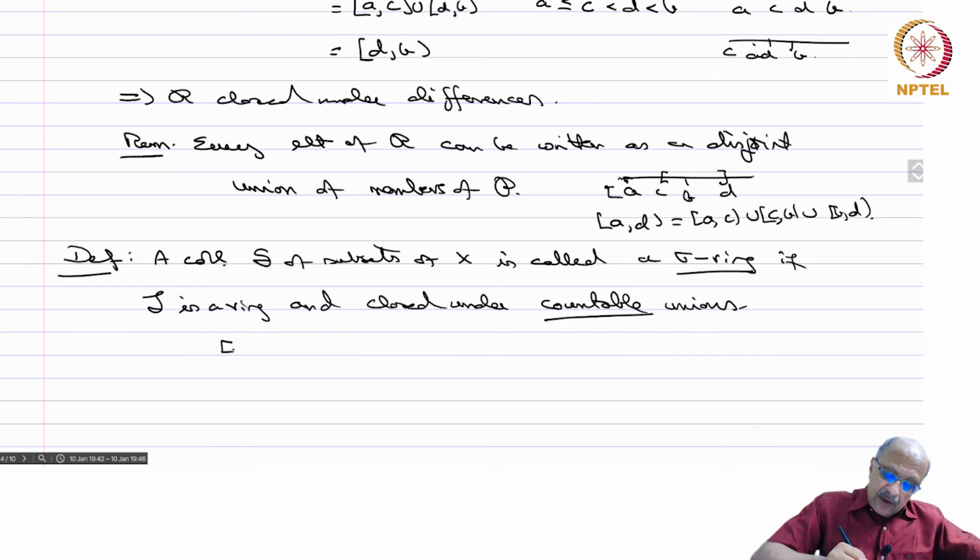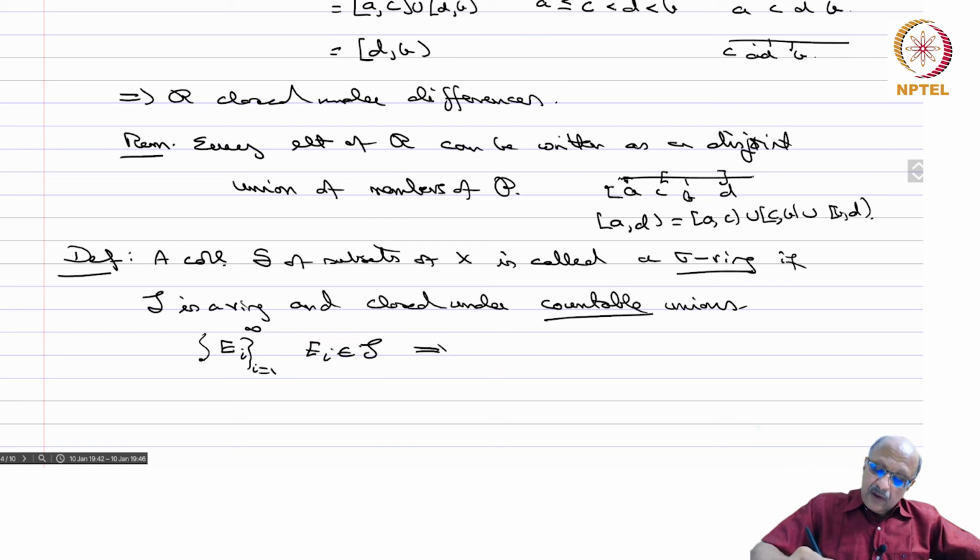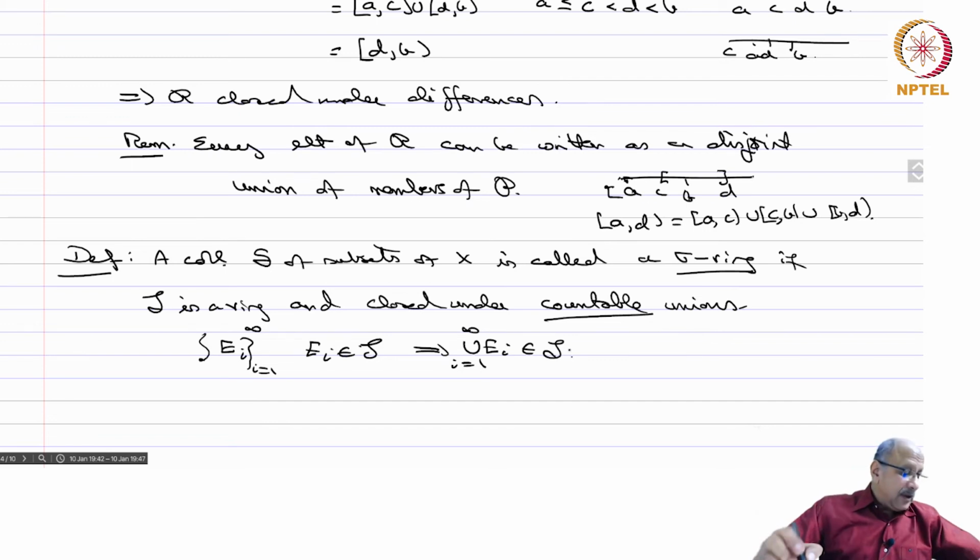So if E_i, i equals 1 to infinity, belong to S, then the union over i equals 1 to infinity of E_i belongs to S.